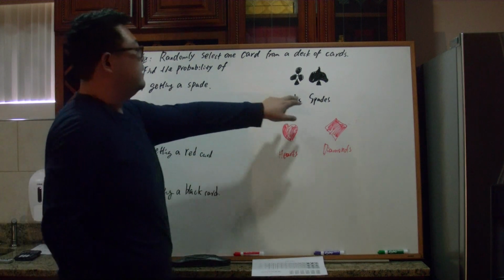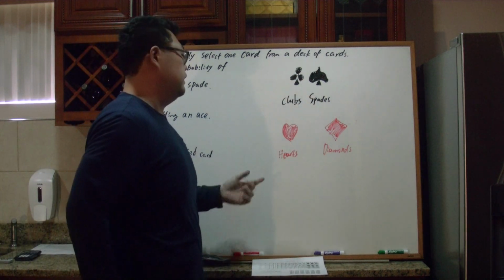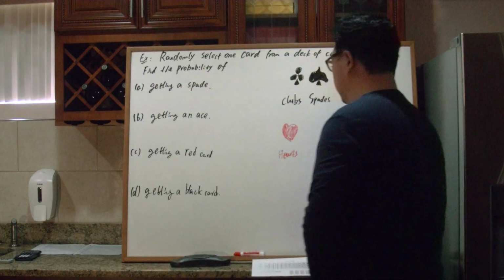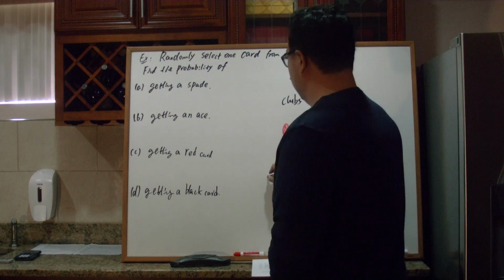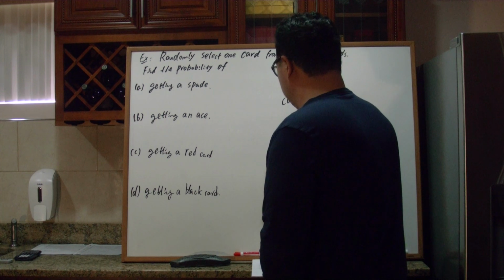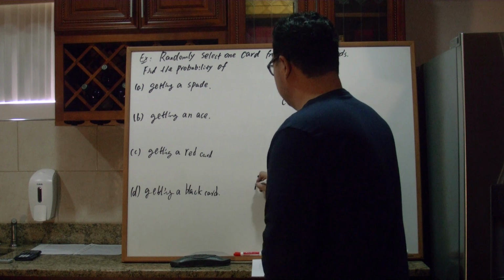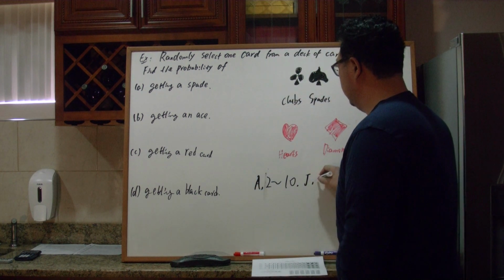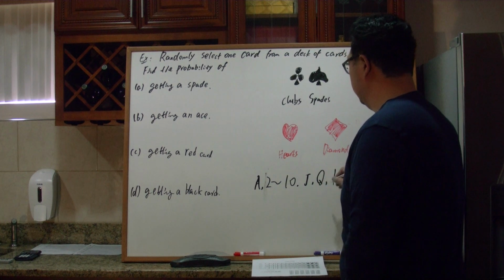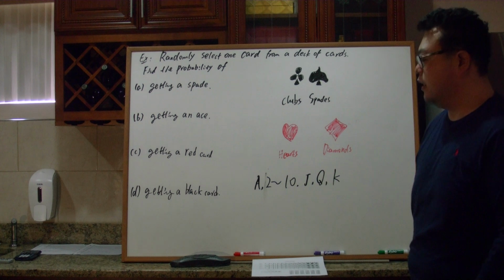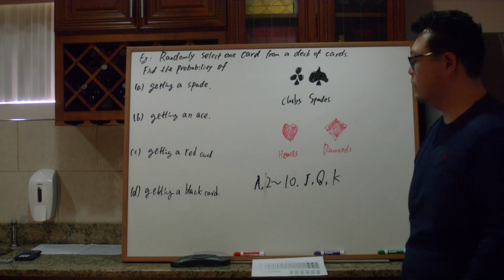The clubs and spades are black cards, hearts and diamonds are red cards, and each one is numbered from 1 to 10. It's not 1, it's ace, 2 to 10, and then jack, queen, and the king. Each suit has 13 cards.